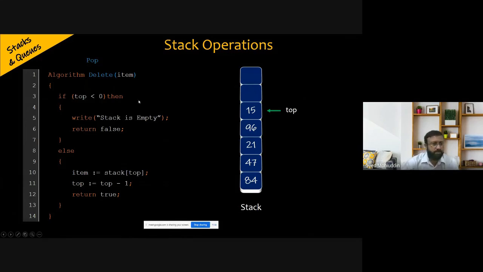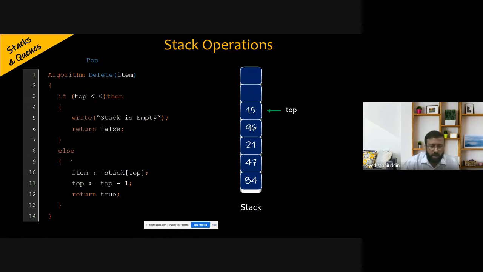Now here, if we look at this function, I'll use a pen to write something. In this function we need to see if top is less than 0. If it is less than 0, that means there are no elements in the stack. So we write stack is empty and we cannot pop anything. We cannot delete an element. We can delete only an element which is there in the stack. So when top is less than 0, we cannot delete.